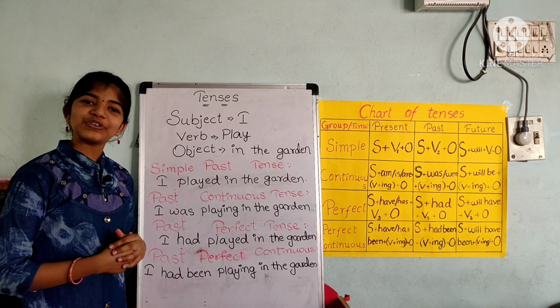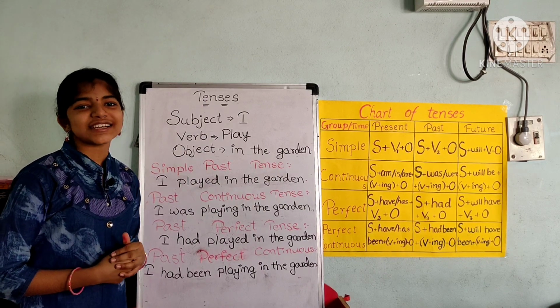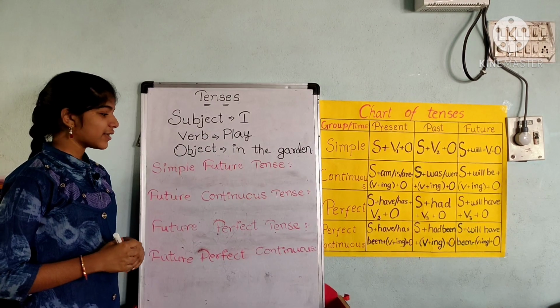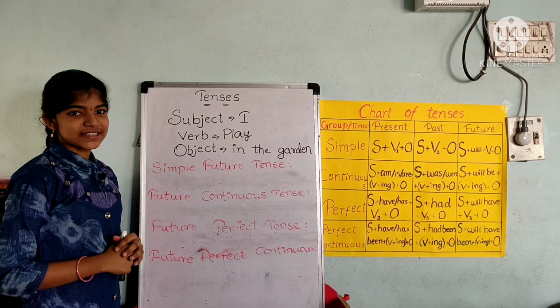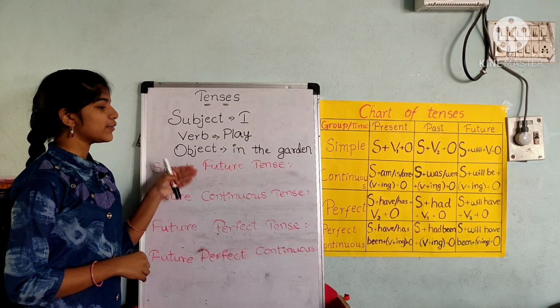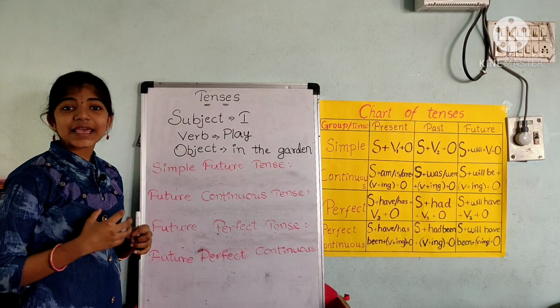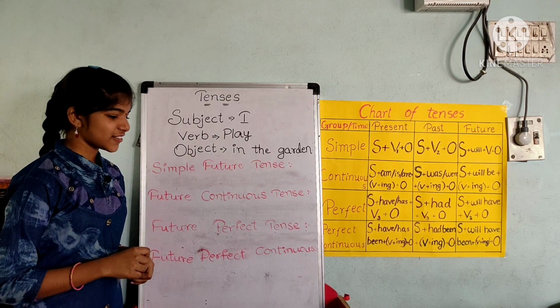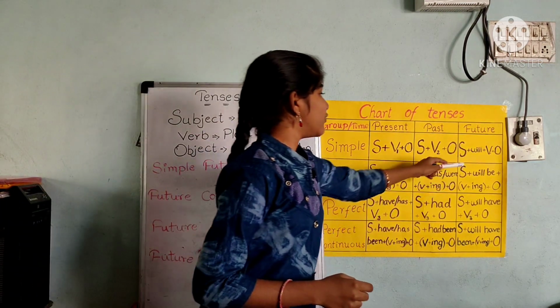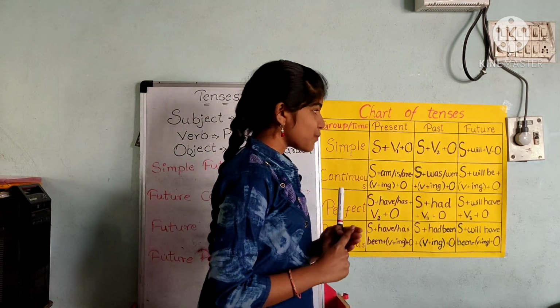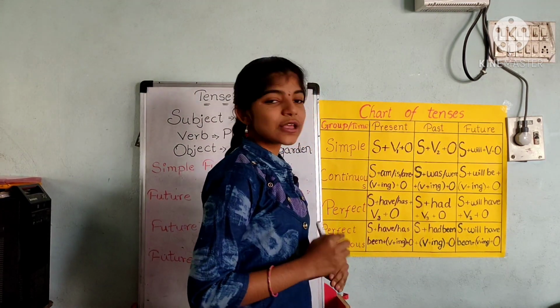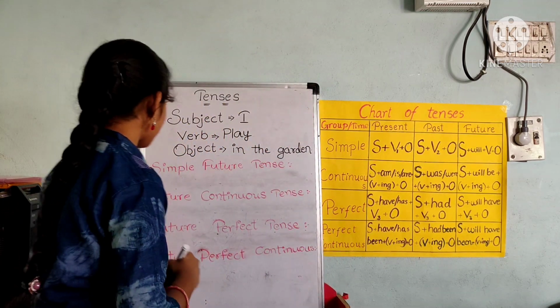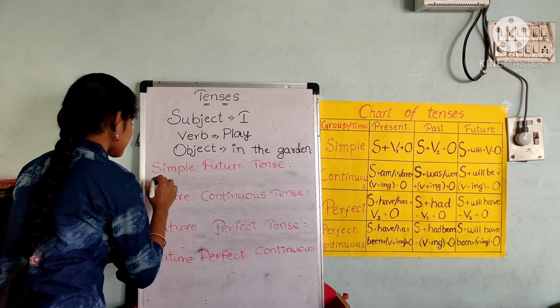Now we will move into the last basic tense, future tense. First one, simple future tense, which means a plan for a future action. And formula for this is subject plus will plus V1 plus object. Let's write the sentence.